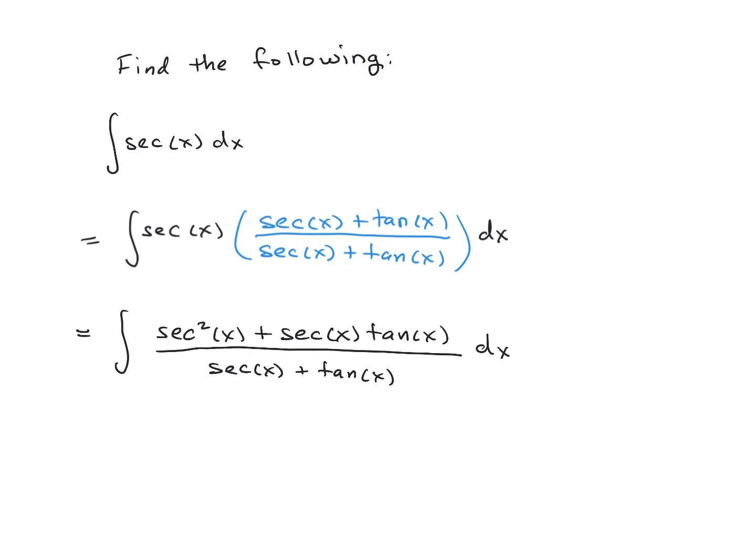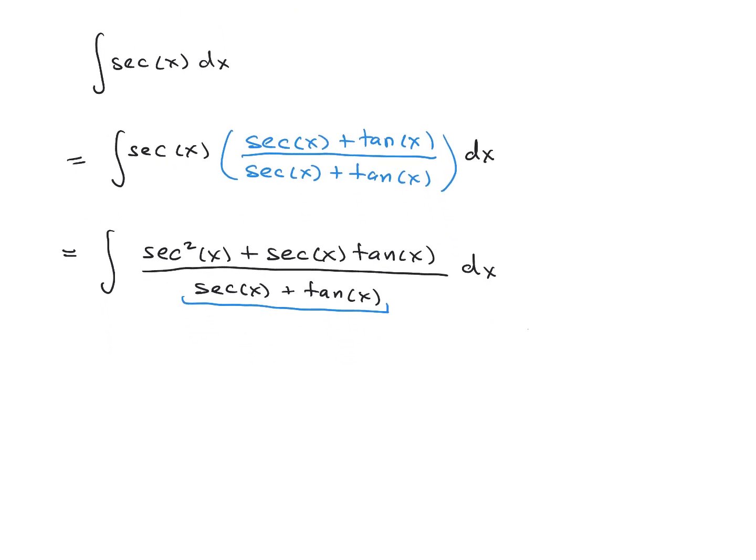So now you will notice that we're exactly where we want to be. We have a function in our denominator which has its derivative upstairs in the numerator. So we're going to let u represent that sum. We're going to let u equal the secant of x plus the tangent of x.